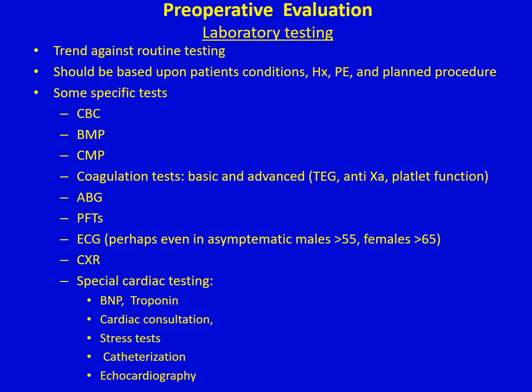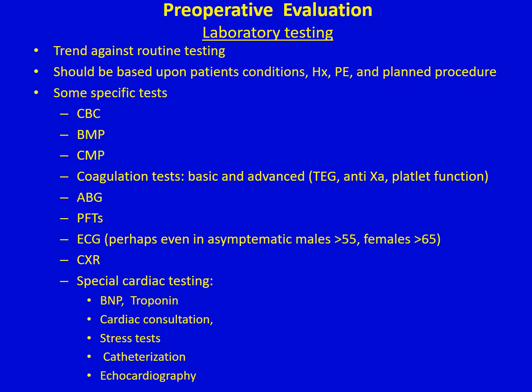The CBC is sort of basic, not required for most operations, but certainly in certain age groups and types of operations. Again, basic metabolic panel, in most patients not indicated, but based on history, physical, the planned procedure. Again, a more comprehensive metabolic panel.